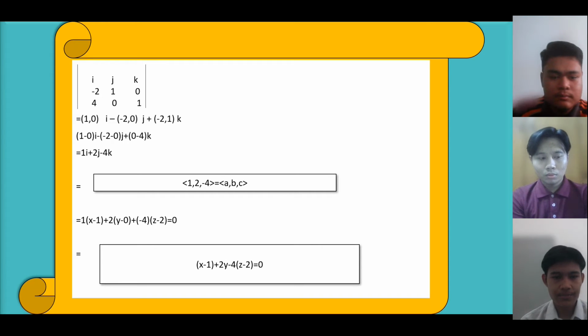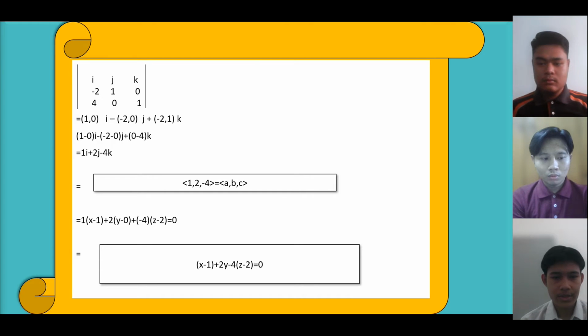So then for the final equation you get 1(x - 1) plus 2(y - 0) plus -4(z - 2) equal to 0. So this is the final equation. So that's it.